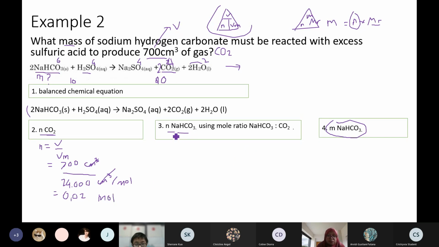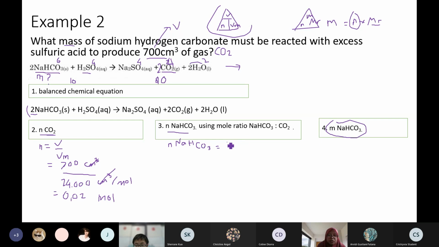And then find the mole of NaHCO3 using the mole ratio. So mole NaHCO3 equals, what is the coefficient of NaHCO3? We have 2, right?